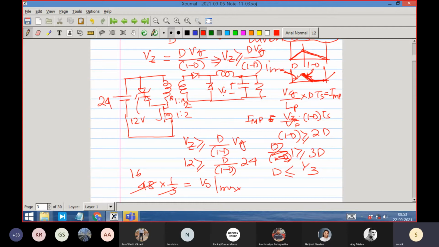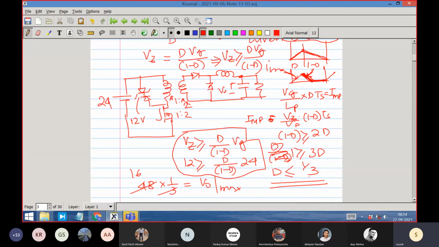Have you understood what I did? Because of the volt-second balance of the transformer, I am getting this condition. What condition am I getting? That Vz has to be this. I have already chosen a Zener voltage. Let us say, based on availability, I have chosen a Zener voltage of 12 volt, and that is giving me a constraint that I cannot operate the transformer beyond a duty ratio of 1/3.